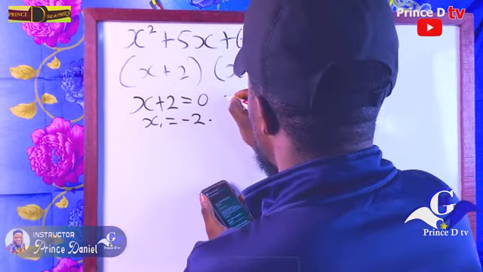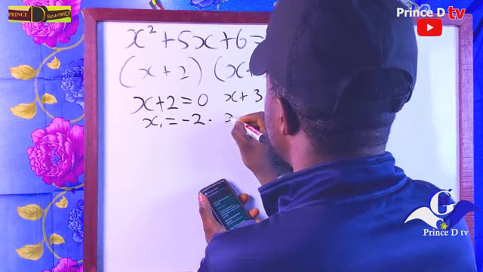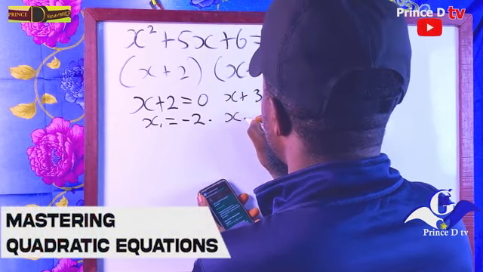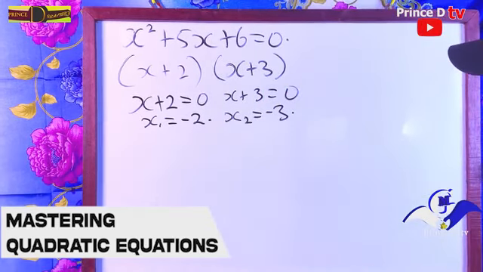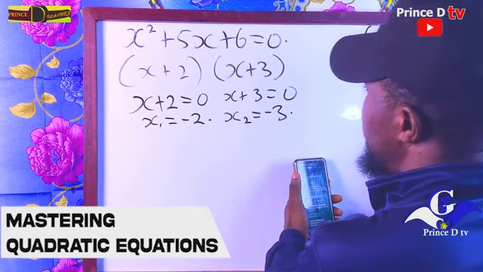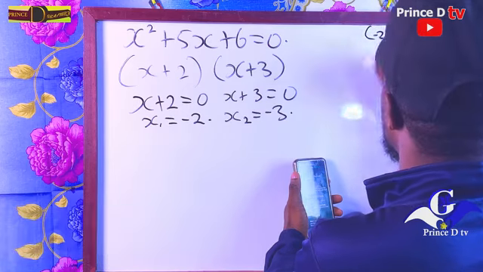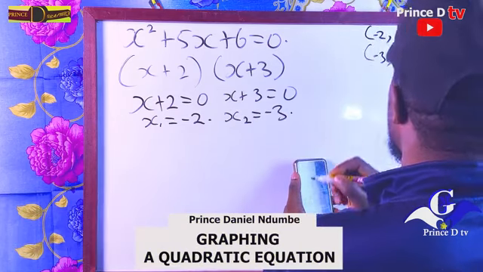And x + 3 equals 0, which gives us x2 equals negative 3.